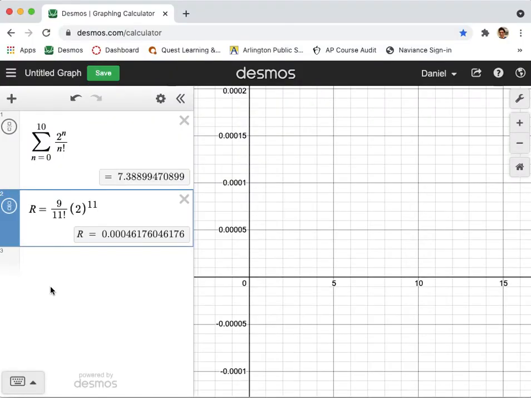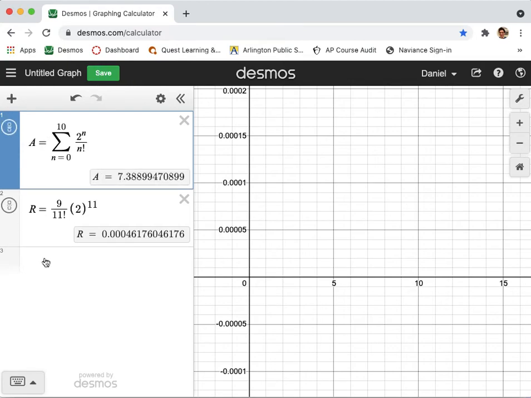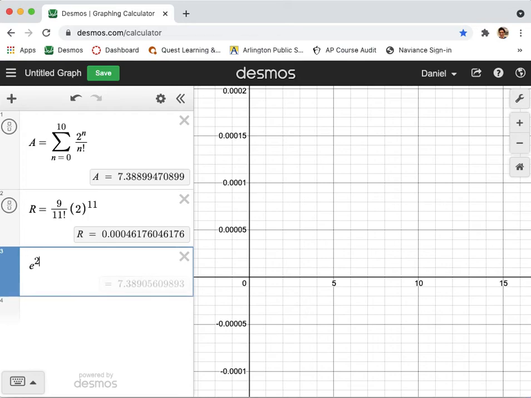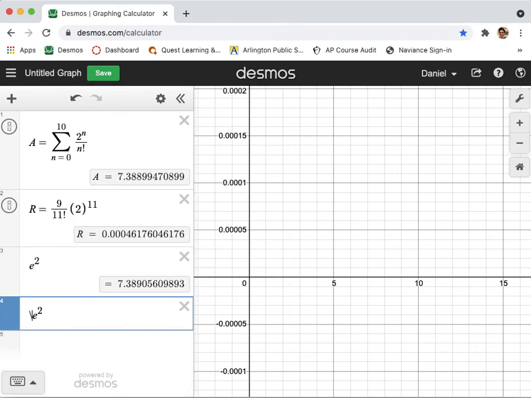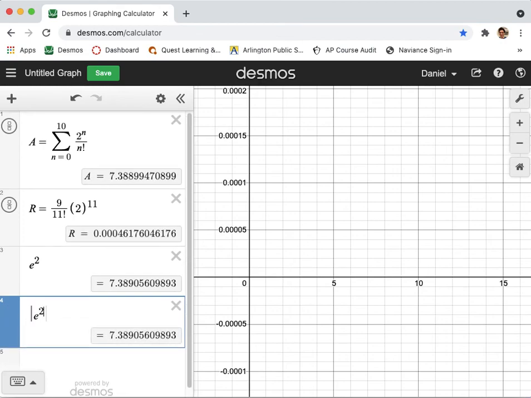Well, let's take a quick look at this. I'm going to give this a name here, call this A for my estimate. E to the second power is really 7.389. My actual error, put this in the absolute value, the actual error between my guess for what e to the second is and what e to the second actually is, is 0.00006.